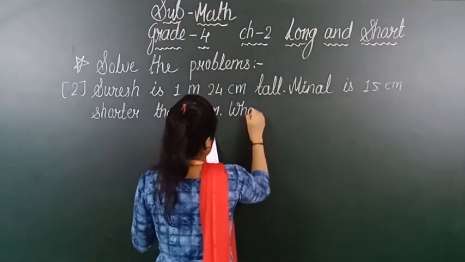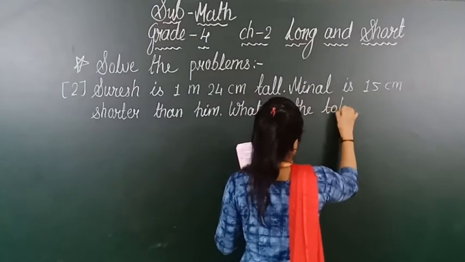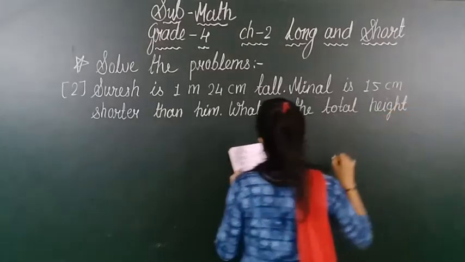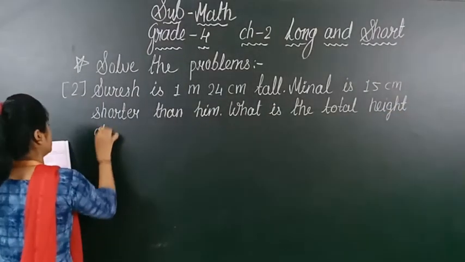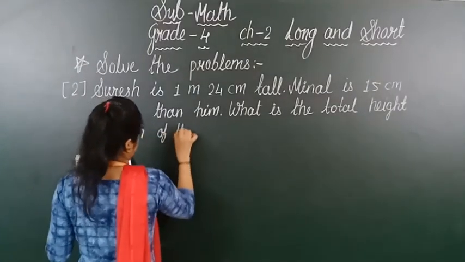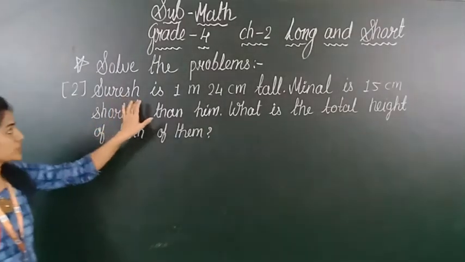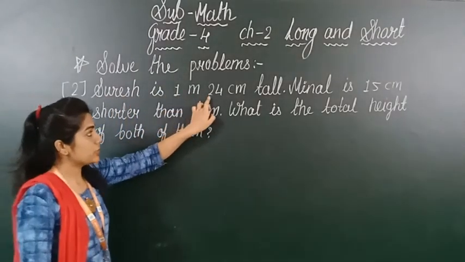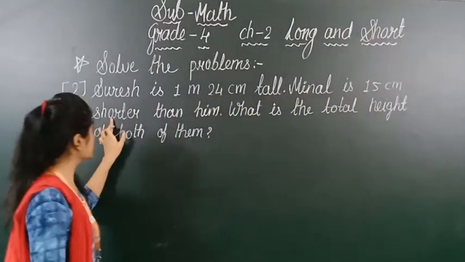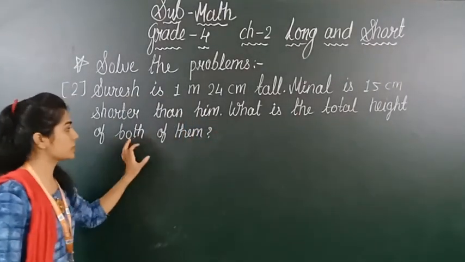What is the total height of both of them? Okay, our question is Suresh is 1 meter and 24 centimeter tall and Meenal is 15 centimeter shorter than him. What is the total height of both of them?